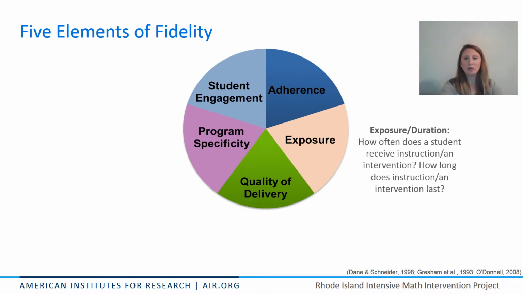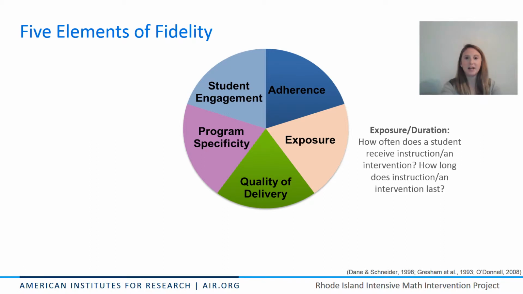Exposure, also known as duration, refers to how often a student receives instruction or an intervention and how long the instruction or intervention lasts. When thinking about fidelity, we are considering whether the exposure and duration being used with the student matches the recommendation by the developer of the curriculum, practice, or intervention. For core instruction of mathematics, all students should be receiving a daily uninterrupted block of grade level mathematics instruction.